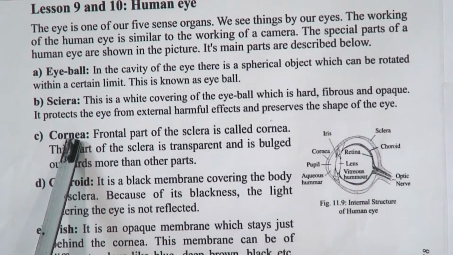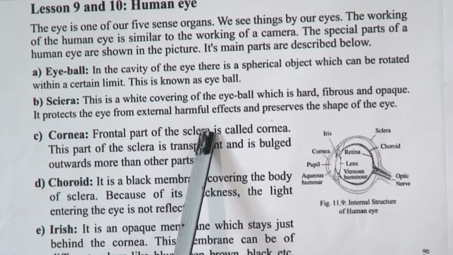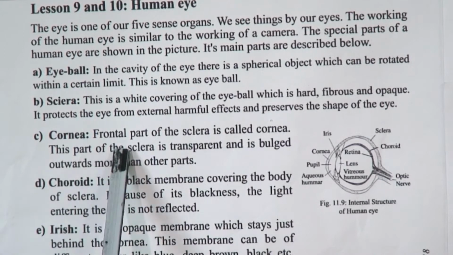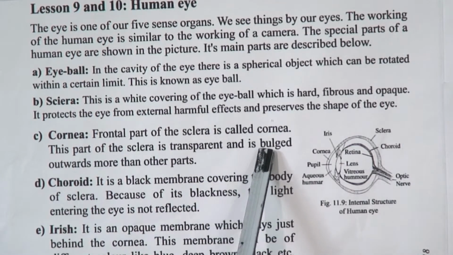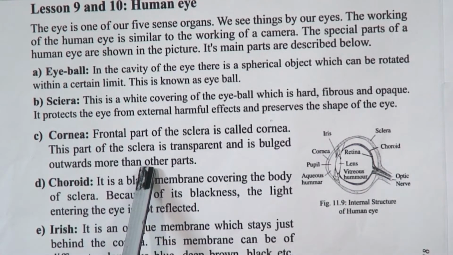Third part we will discuss is the cornea. The frontal part of the sclera is called the cornea. This part of the sclera is transparent and it is bulged outwards more than other parts.